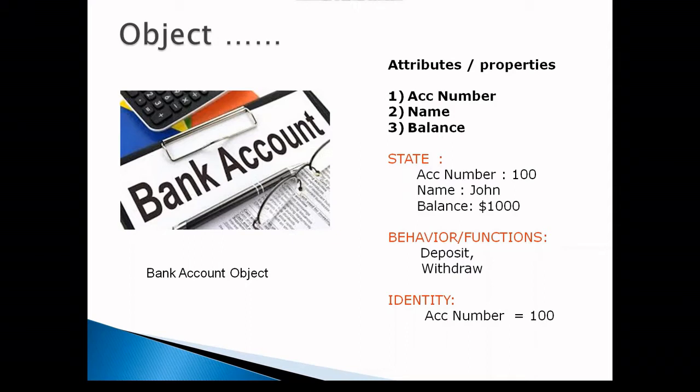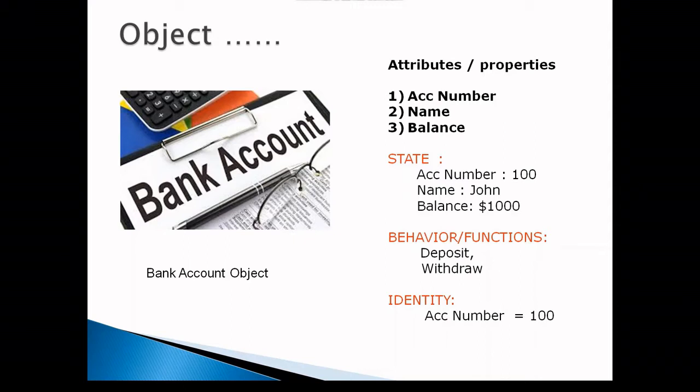And identity refers to this: suppose there are 100 accounts in the bank, and most of the account holders have the same name, or most of the time they have the same balance also. So we should distinguish a particular account holder from other account holders, and that is achieved by using identity.